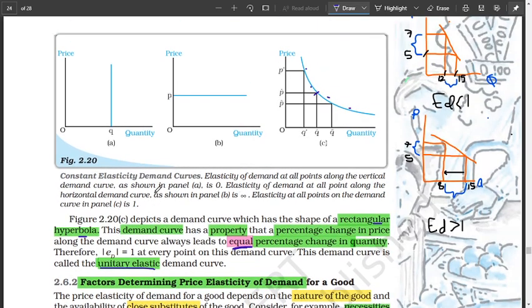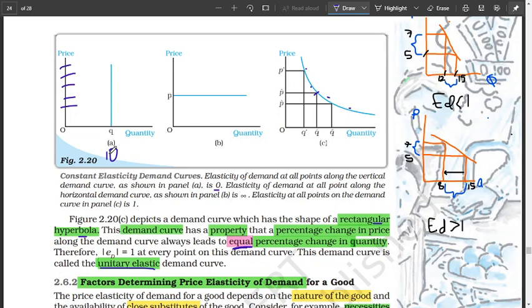And the last elasticity is where the elasticity of demand is equal to zero. When it is equal to zero, this is the case where the price may rise from 5 to 8, to 7 to 10, or the price may fall, demand will remain the same. If you buy 10, you'll buy 10.